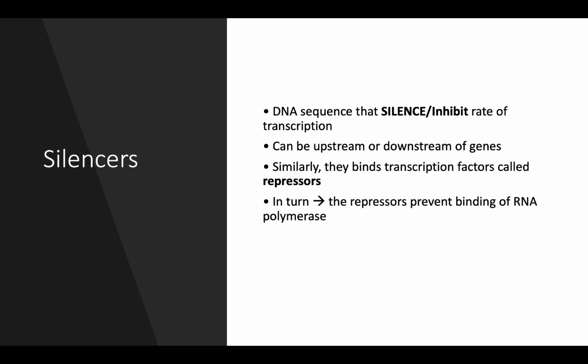Similarly هم شو راح يعملوا؟ هدول these sequences will recruit repressor proteins. These repressors prevent the polymerase transcription factor binding to the promoter region. That's basically what it is. So it's just the opposite of what we just mentioned in the enhancers.